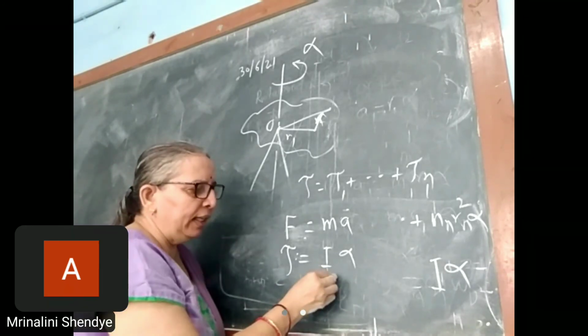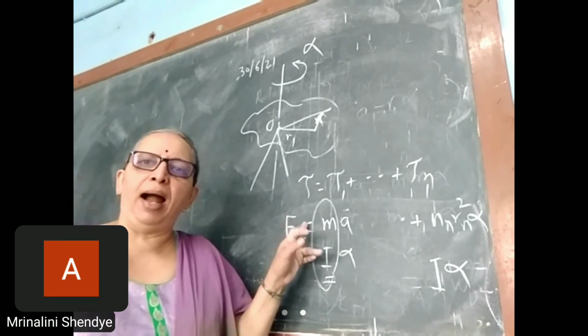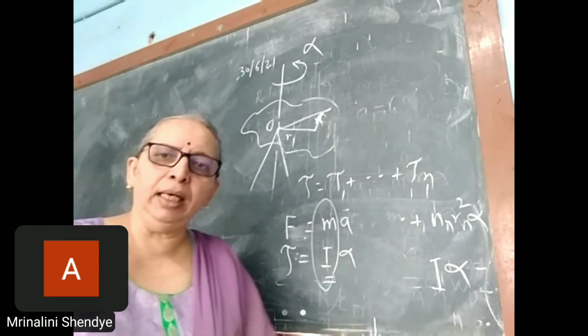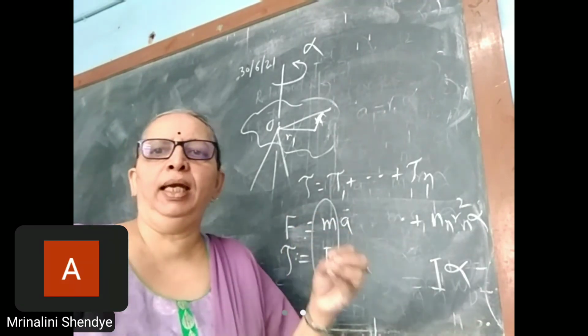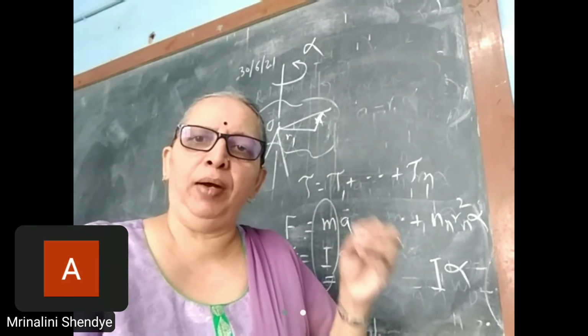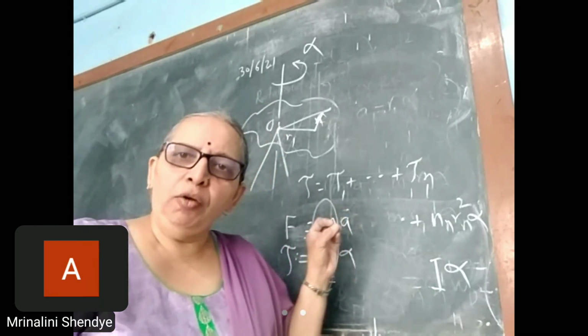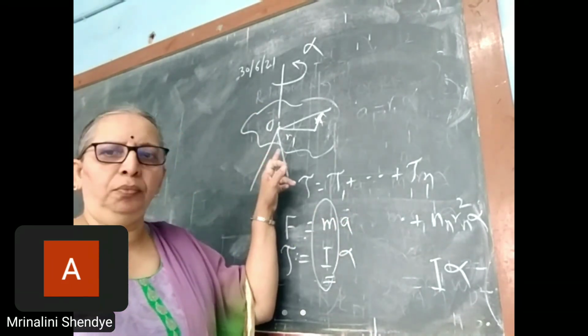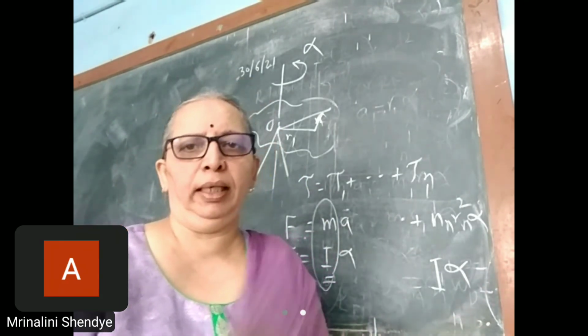So again this I plays the same role as that played by mass in linear motion. So this moment of inertia is very important. It plays a very important role. It always opposes the rotational motion of the body and is also called rotational inertia.